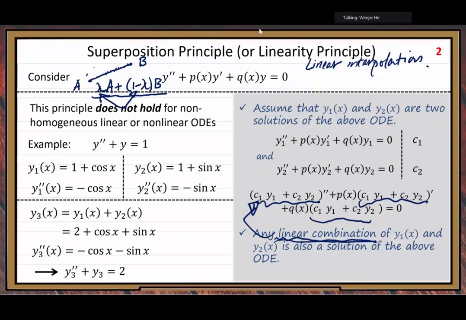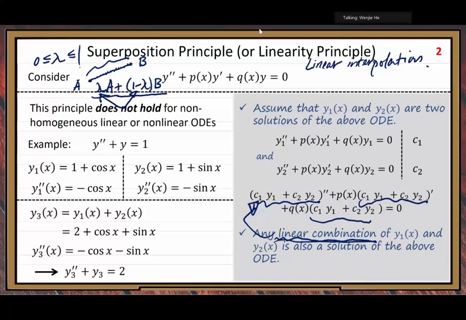When you select points on the line segment between A and B, you have 0 less than or equal to lambda less than or equal to 1.